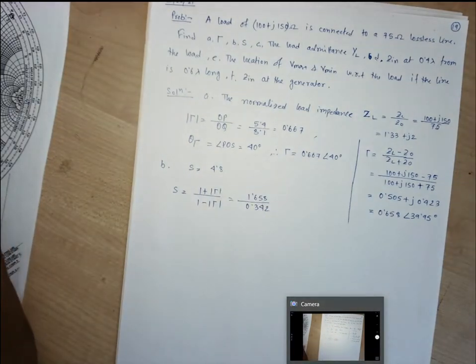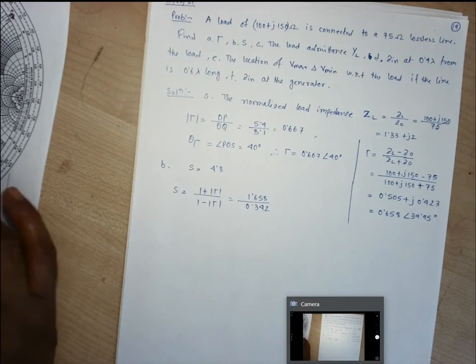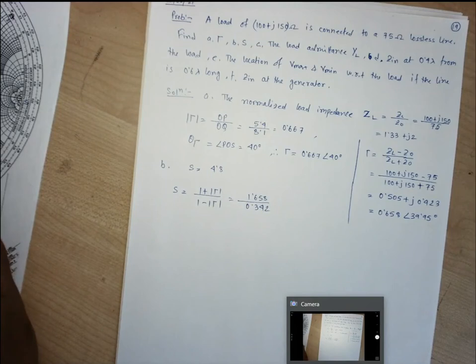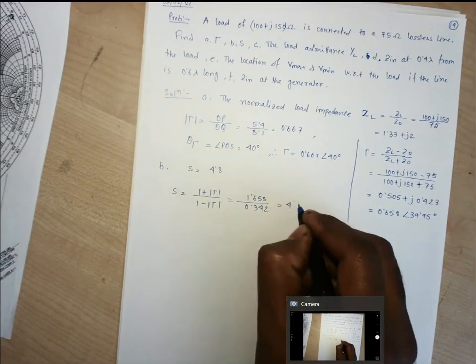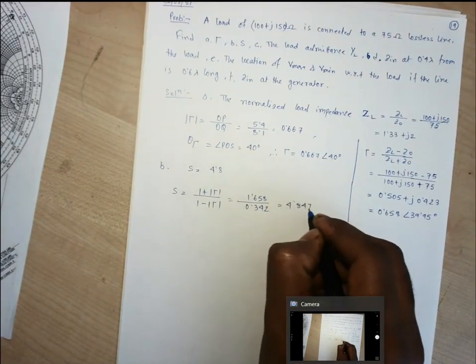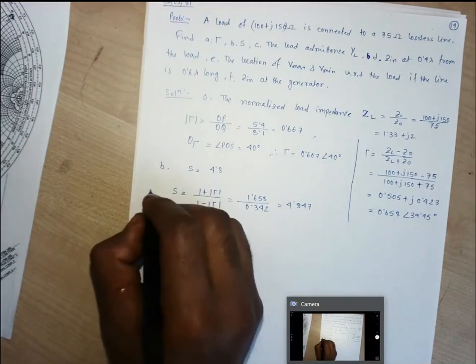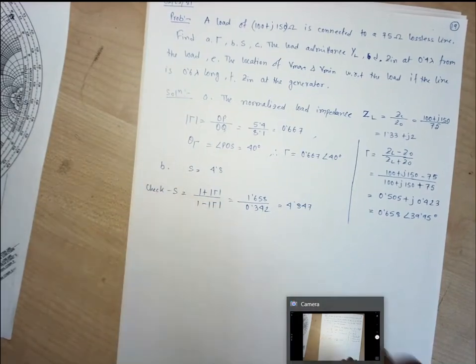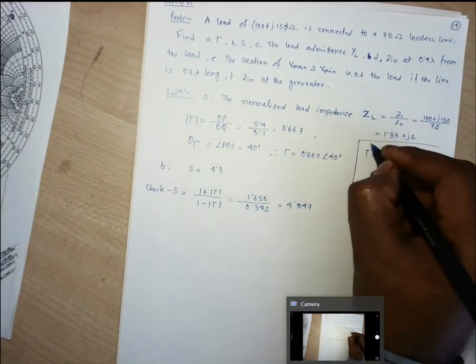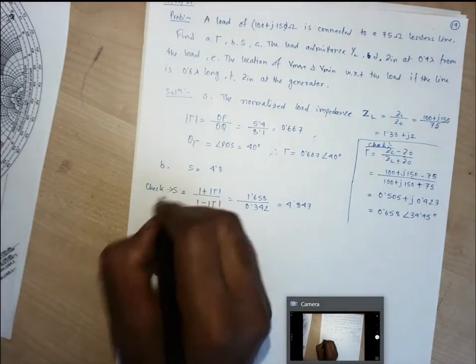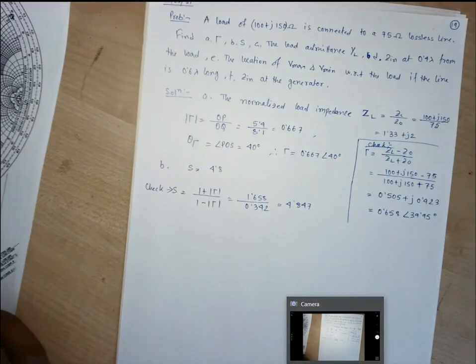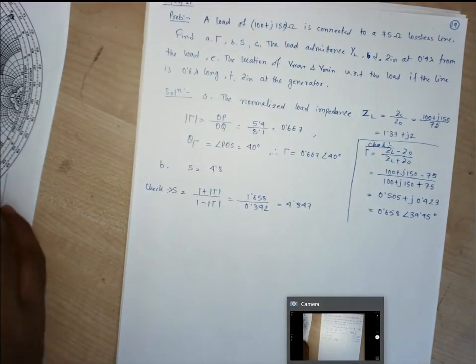Let us take the ratio, 1.658 divided by 0.342. It is coming out as 4.847. This is also a check. Okay. So it is almost near to the graphical result.